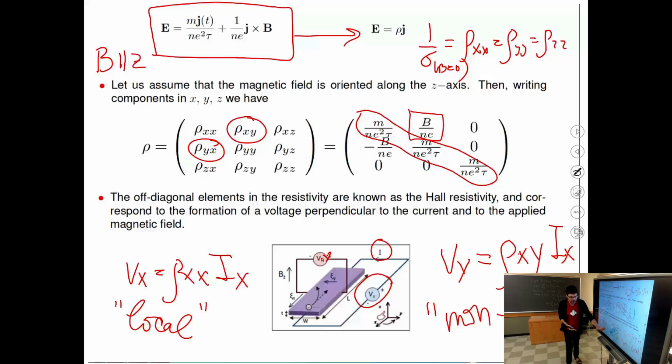His average trajectory is along the x, but he experiences a Lorentz force that deflects him to one side of the sample preferentially, and this is why there's a buildup of electrons on one side of the sample, right? This is how you could motivate Hall effect from Drude theory in a very simple way, but you have to introduce this conductivity or resistivity matrix or tensor.